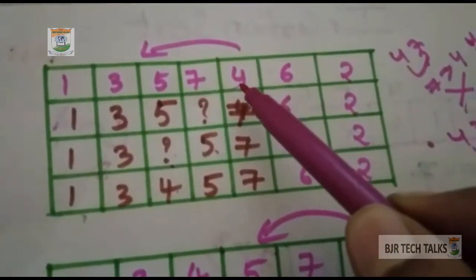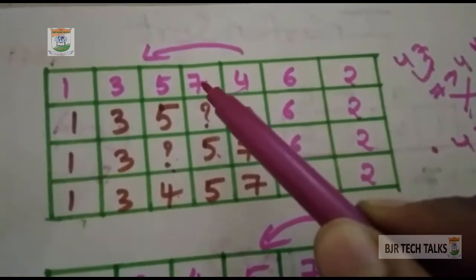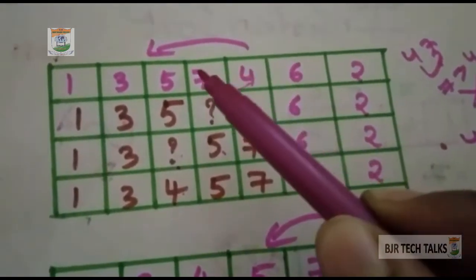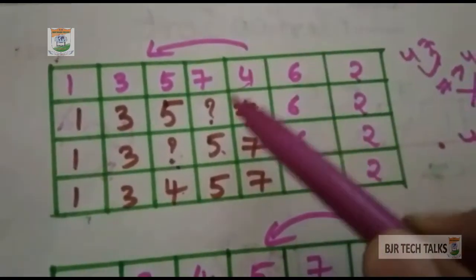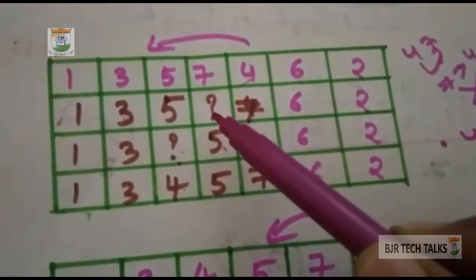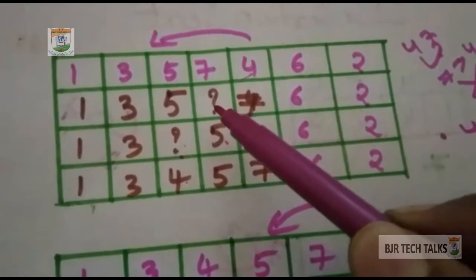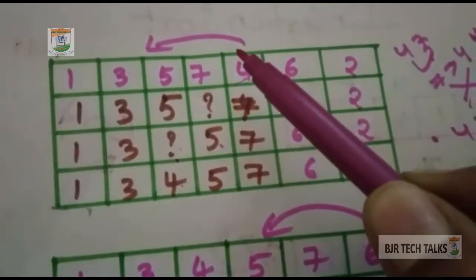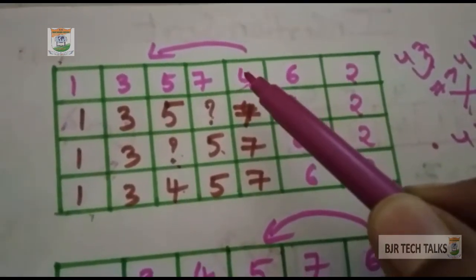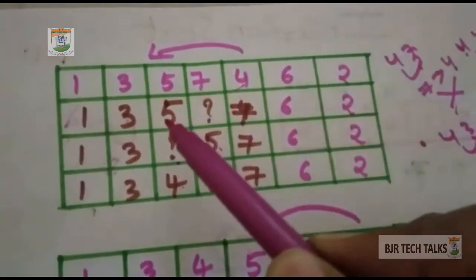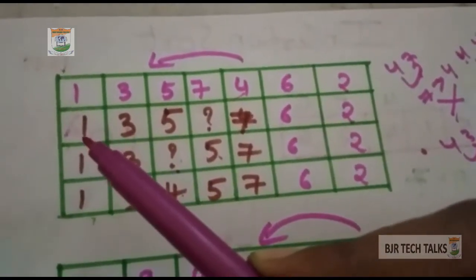When 4 is compared with 7, 7 is greater than 4. So 7 comes here, the 4 goes here. But here I have kept a question mark instead of 4 because the place is not yet fixed. Why? Because we have to compare it with 5, 3 and 1 also.